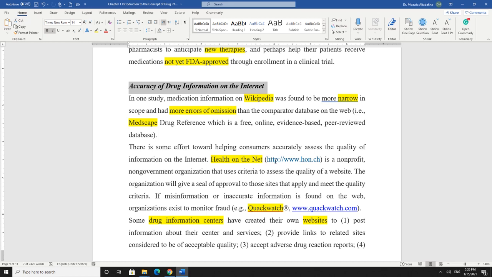If she wants to prove that, one of the things she can do is contact an organization called Health on the Net.